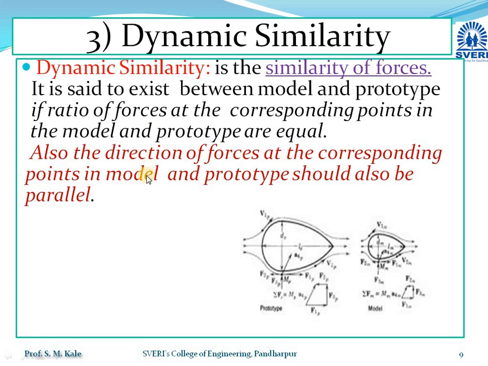As force is also a vector quantity, along with the magnitude, the direction of force at the corresponding points in the model and prototype should also be parallel. That means if at this point the force is acting in this direction, then in the model also at the corresponding point the force should act in the same direction. That means they should be parallel. Then and only then I am going to say that there is a dynamic similarity.